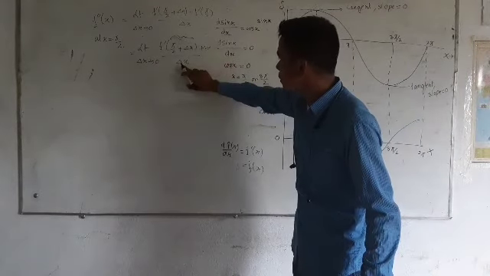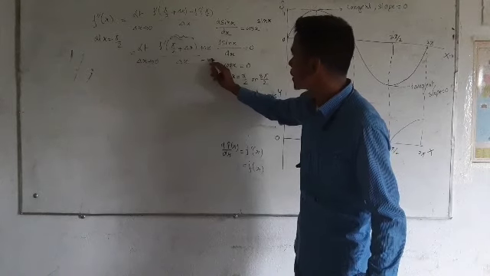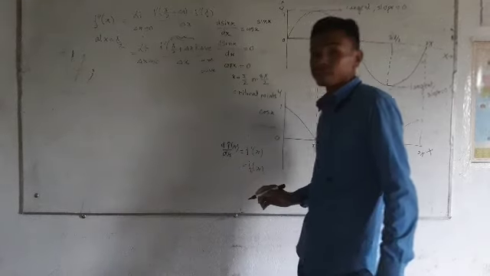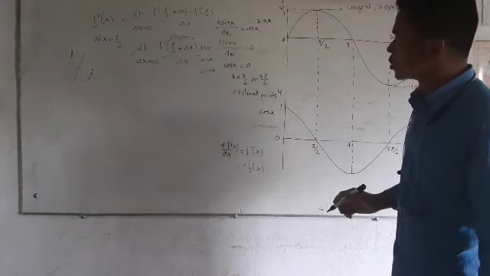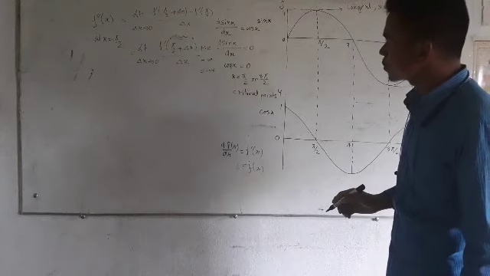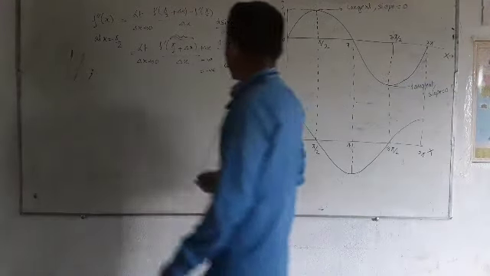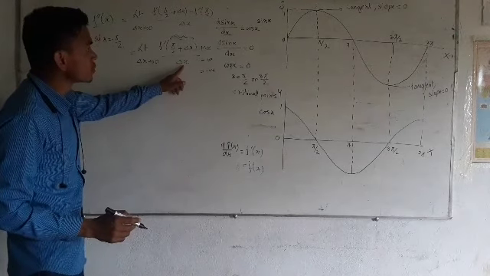But I have taken delta x to be negative. Therefore, when I divide a positive value by a negative value, it yields a negative value. Again, let us take delta x to be positive.